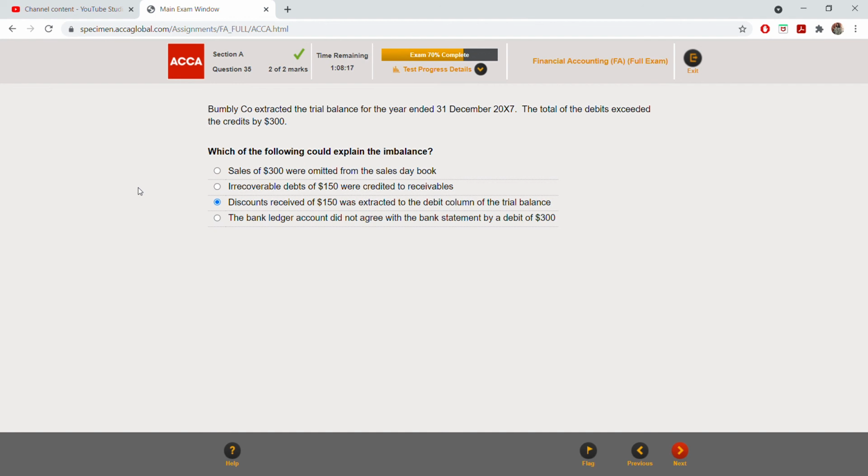So that's why you have to double the amount. 300, so you credit 300. So what happens? You double the amount, so the debit side will be more.